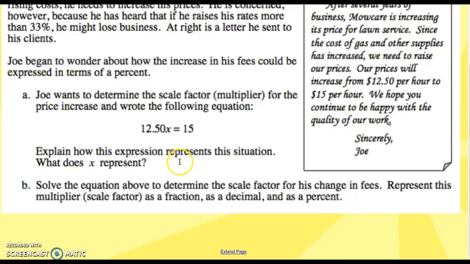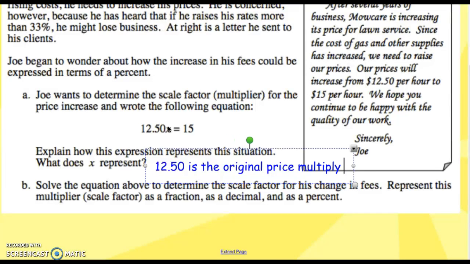Okay, so I have $12.50 is the original price, and then I'm multiplying that by x, which is the amount.